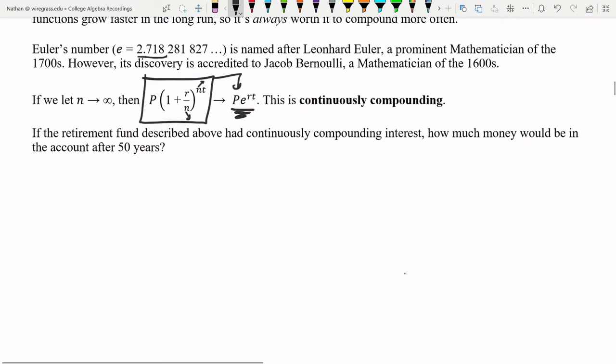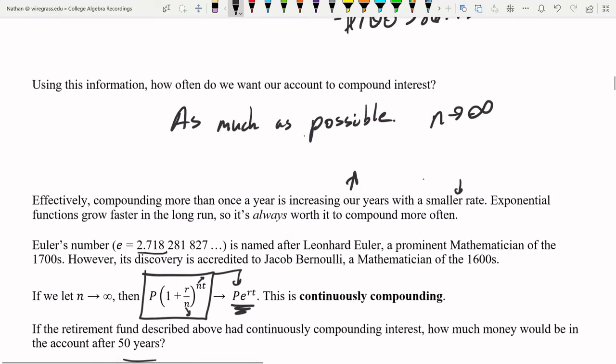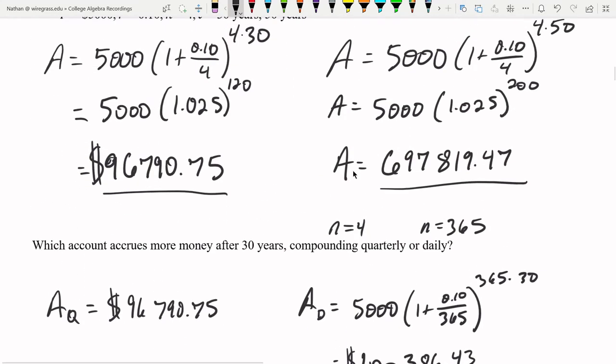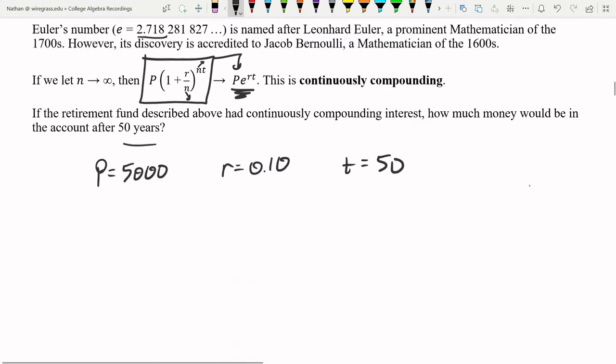Okay, if we have a continuously compounding interest situation, how much money would be in the account after 50 years? So we have the same principal, the same rate, and now we're looking at 50 years. Previously, we saw we had just about $700,000 after 50 years, compounding 4 times a year.